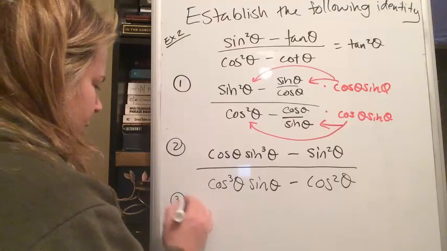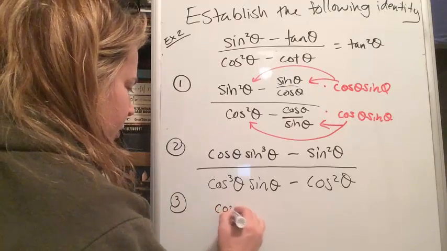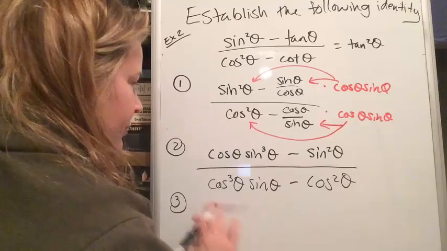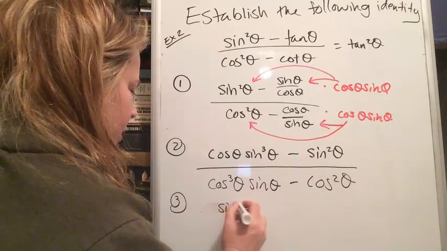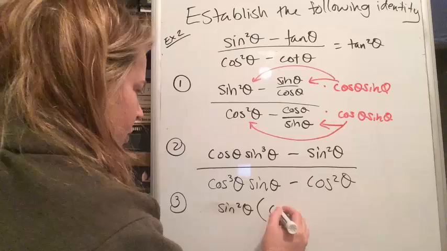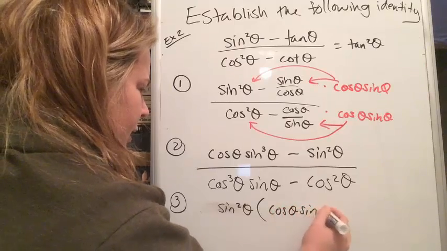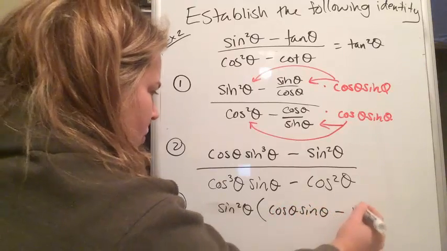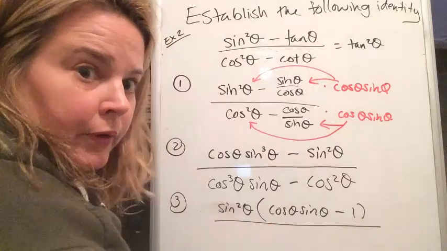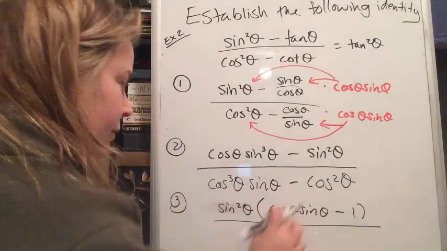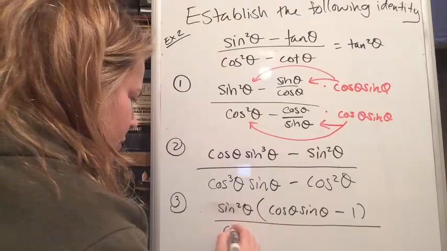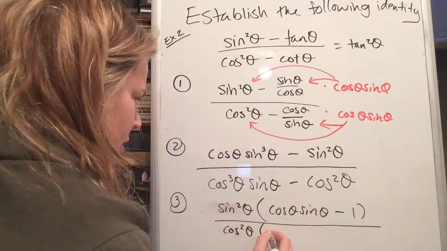I'm going to try. So I'm going to take out cosine. No, on the top, I'm sorry, I'm going to factor sine squared. So that would be cosine times sine minus 1 all over, and on the bottom, I'm going to take out cosine squared theta.